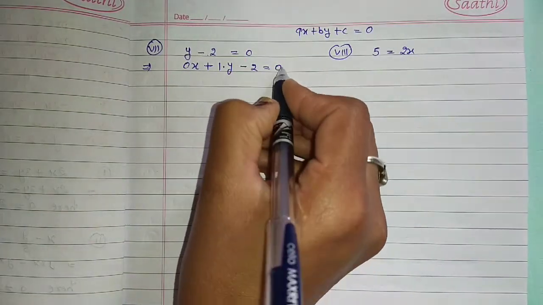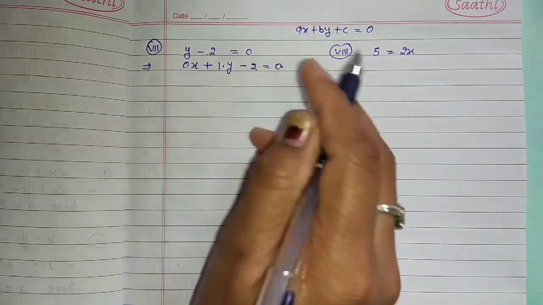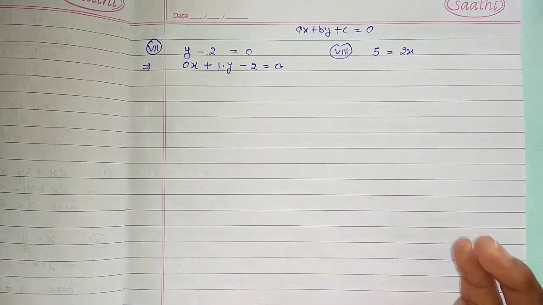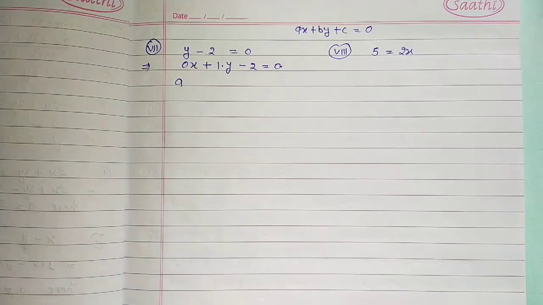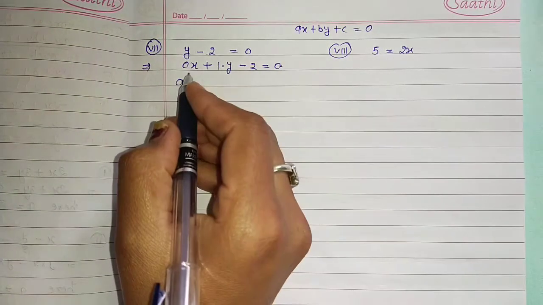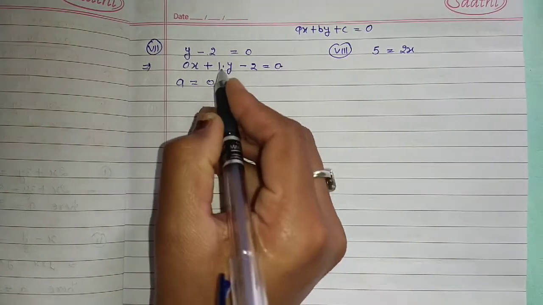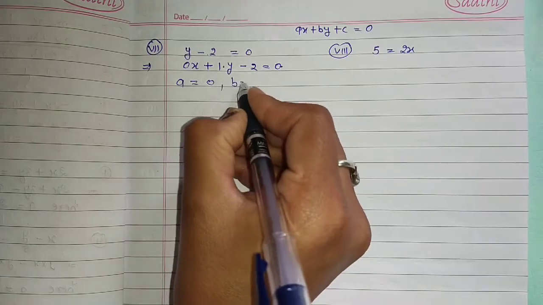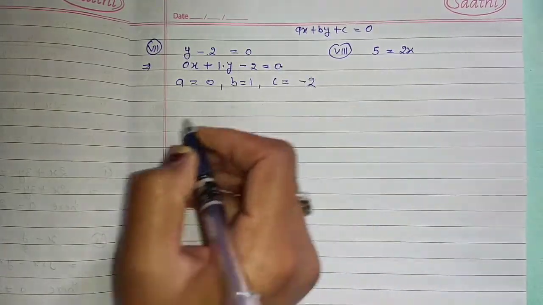By comparing this equation with the standard form of linear equation in two variables, we get a is the coefficient of x, that is 0, b is the coefficient of y, that is 1, and c is the constant term, that is minus 2.